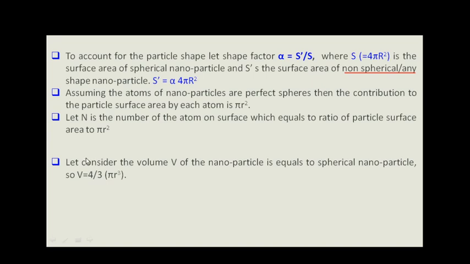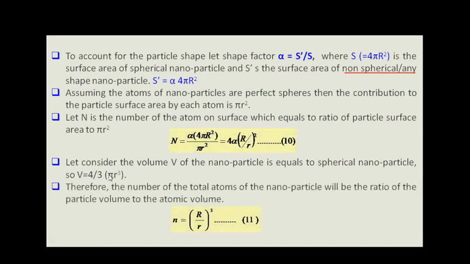Anyway, let us consider the volume V of a nanoparticle. For a spherical nanoparticle, it is 4 pi by 3 r cube. This is the atomic volume. Okay, and therefore I can say that n is equal to this surface, that is your S dash.